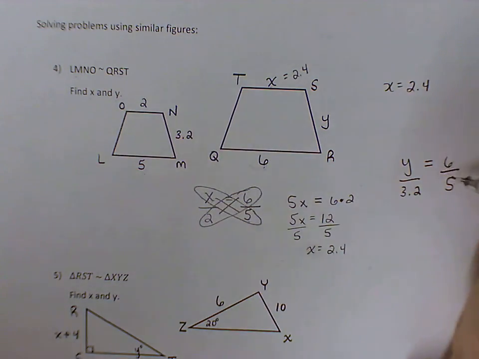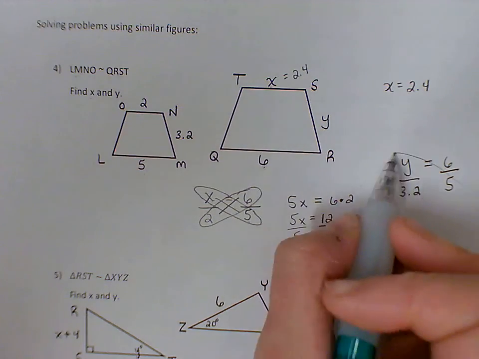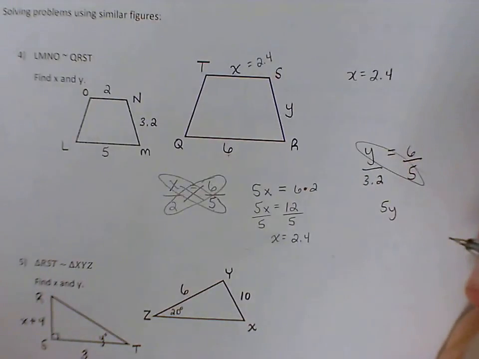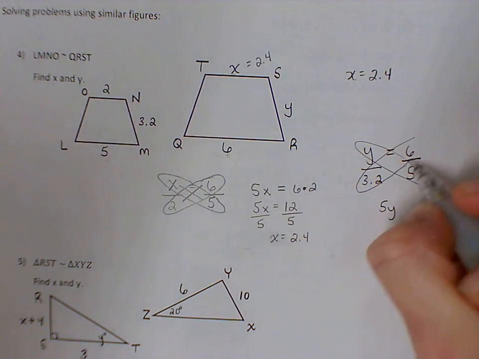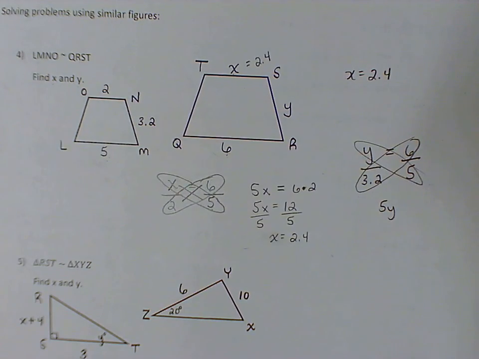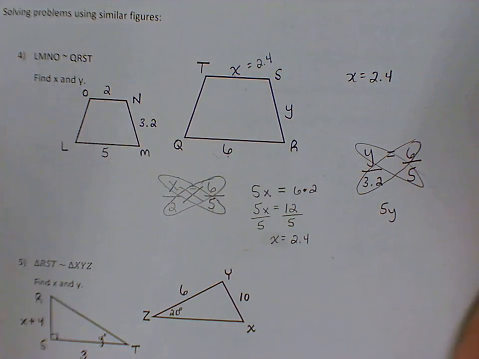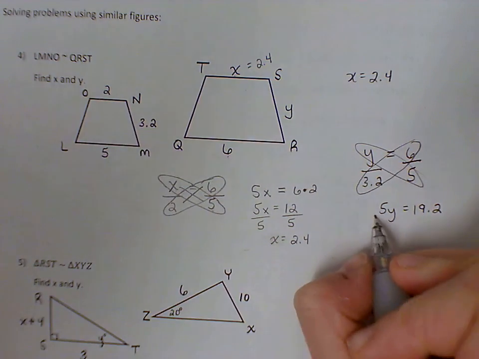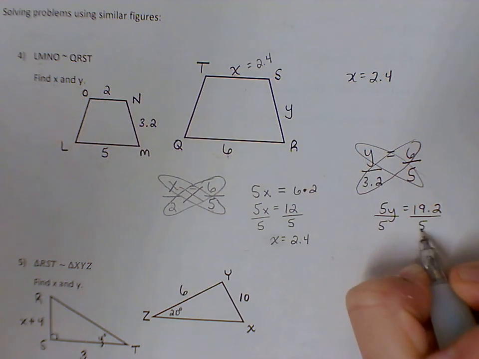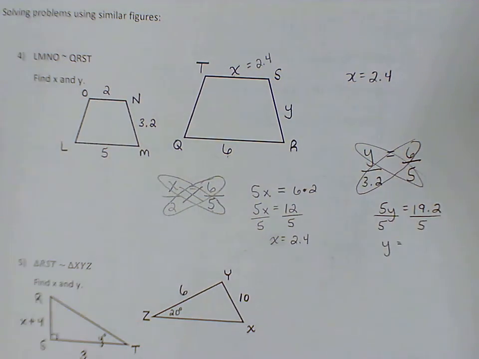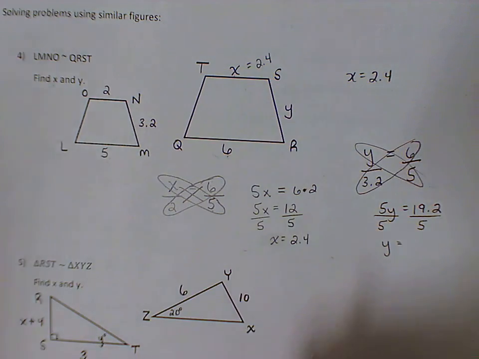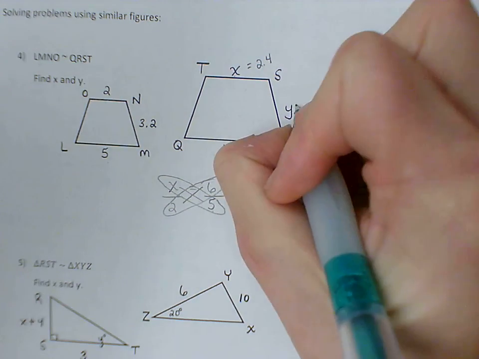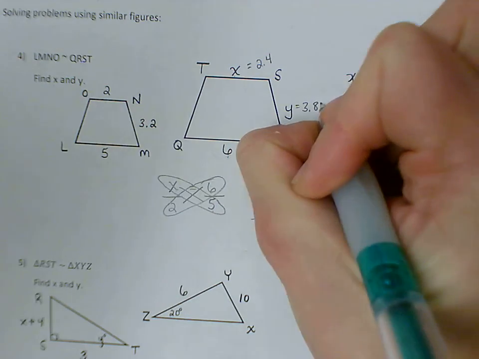Okay, then you cross multiply. So it'd be the y times the 5, which is 5y. And then you take the 6 times that 3.2, so 6 times 3.2, we get 19.2. And then from there, you just have to divide by 5. So 19.2 divided by 5, we get 3.84. So y would have a length of 3.84.